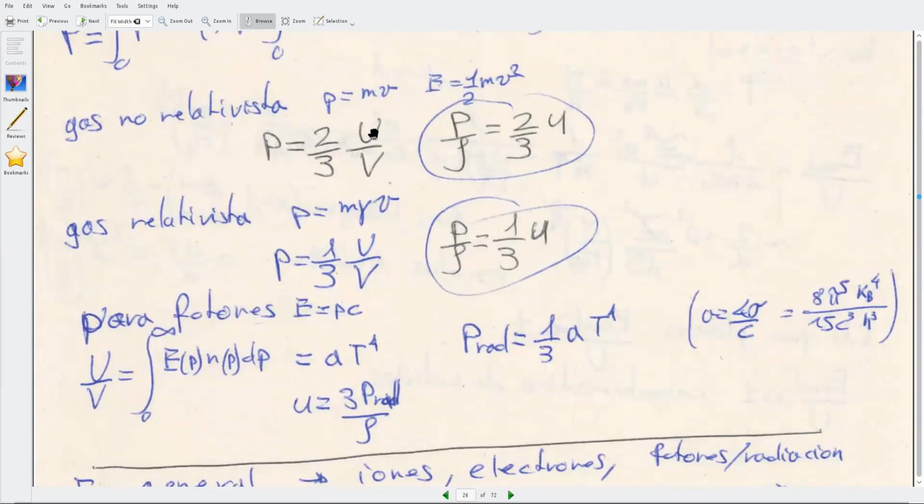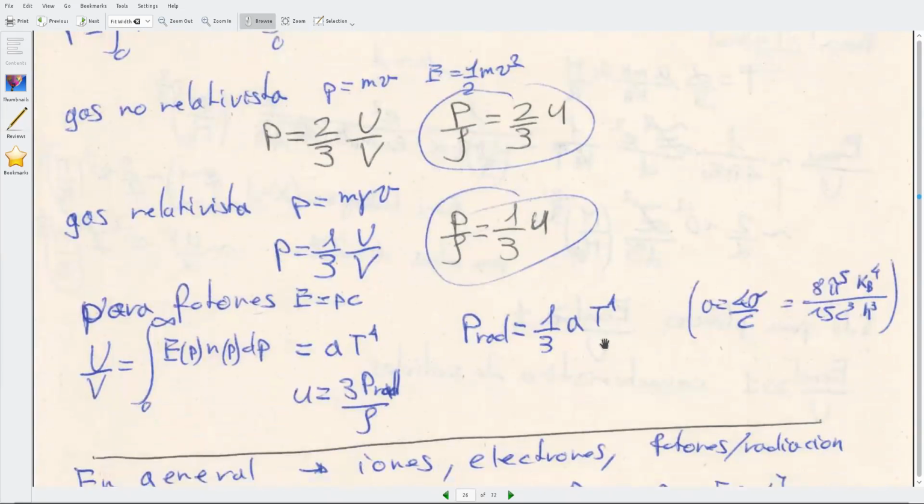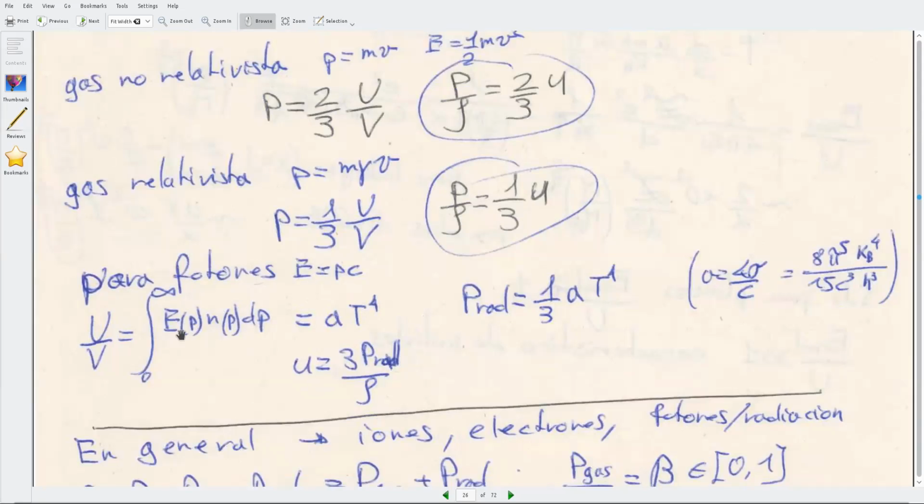When you consider a non-relativistic gas, we have this value. When you have a relativistic gas, we have this other value. For example, the pressure by radiation is 1/3 a T to the fourth, where a is a constant, this value. Sigma is the famous Stefan-Boltzmann constant, and c is the velocity of light in the vacuum.